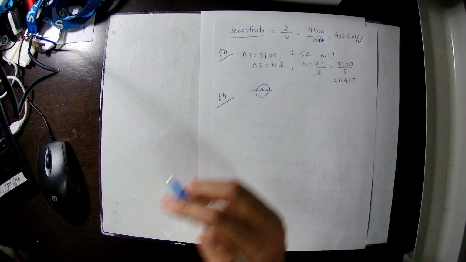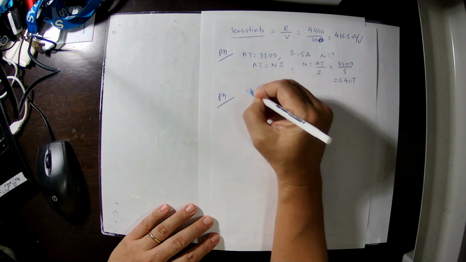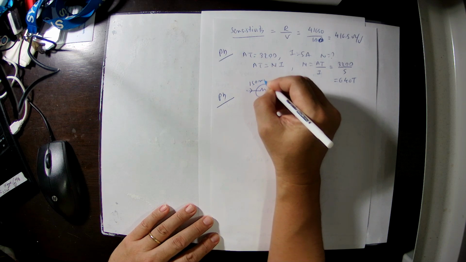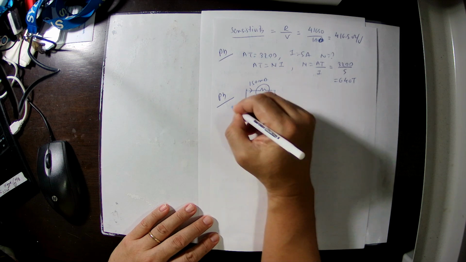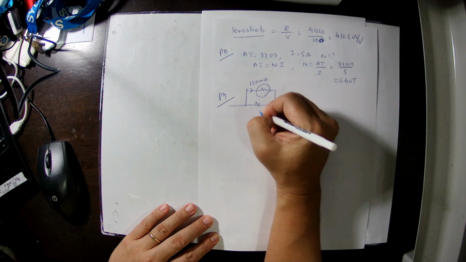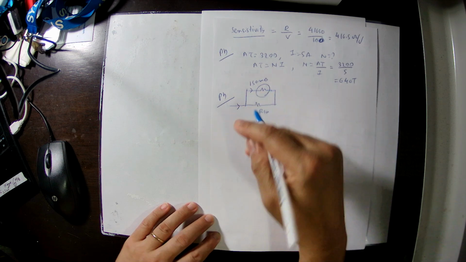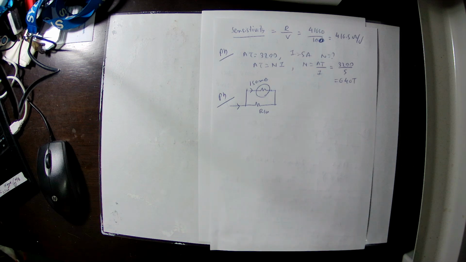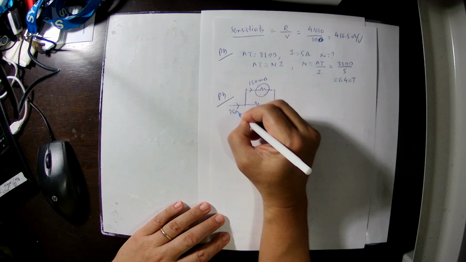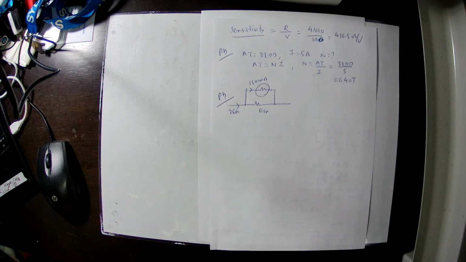So when the full scale current is 150 milliampere, and this is the shunt, full scale current is 25 ampere. So when the meter gets the full scale deflection current of 150 milliampere, at that time it can measure current up to 25 ampere. So this is the way.